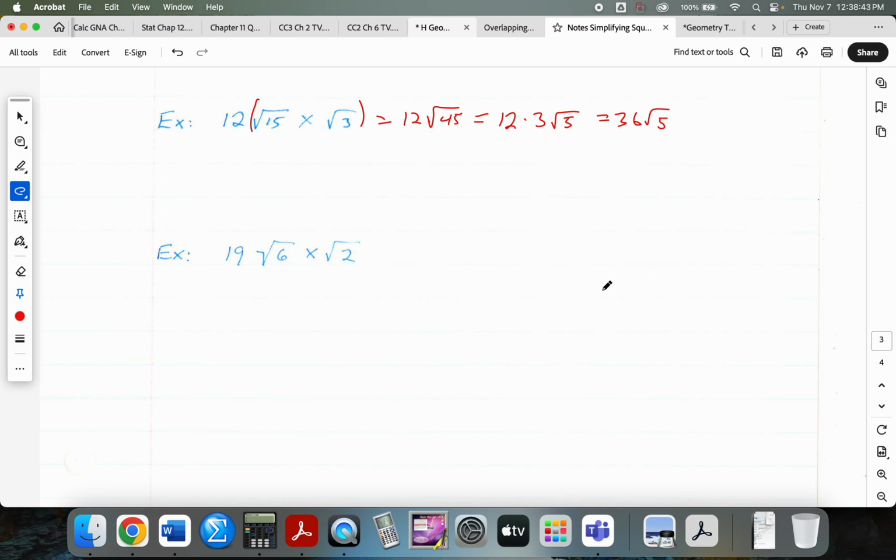And that way works just fine. Feel free to use that. There's nothing wrong with it. It doesn't take a lot longer or anything. However, if you think about it a little bit, and I don't write all this out, I just think about it. I just think this is 12 times, and I break up the square root of 15 into the square root of 5 and the square root of 3.